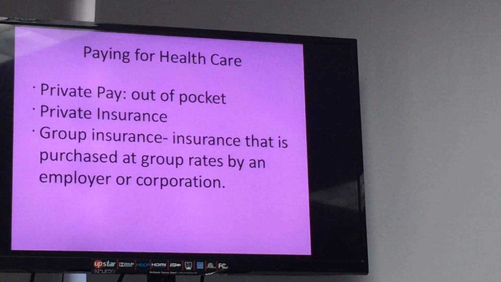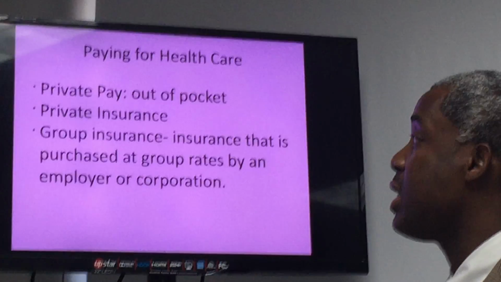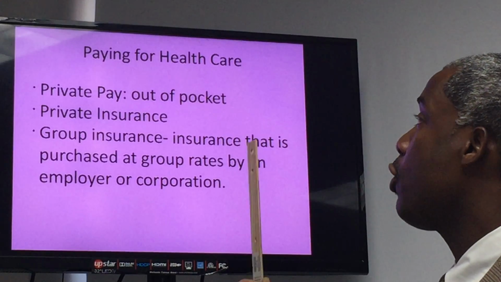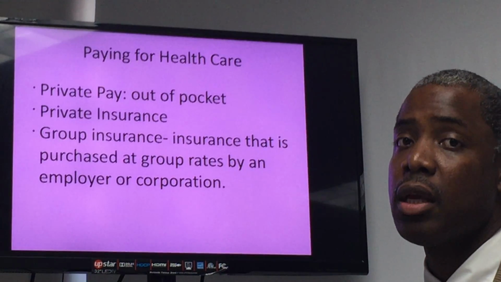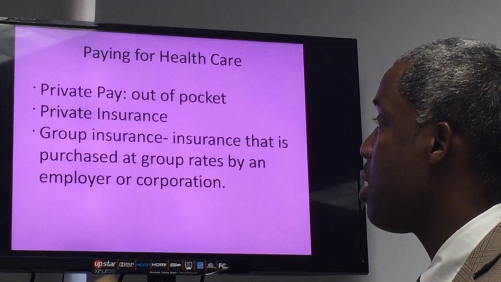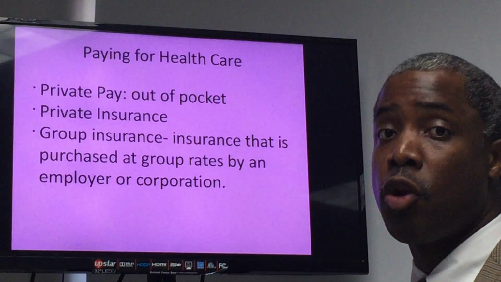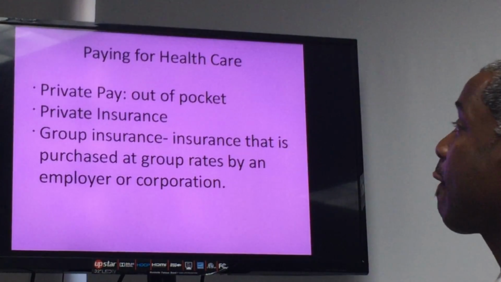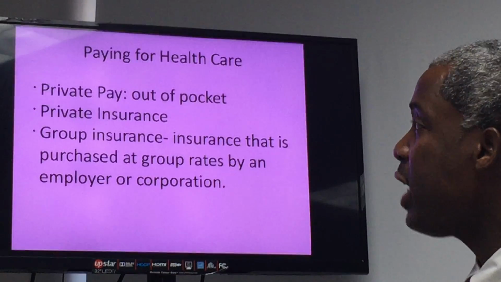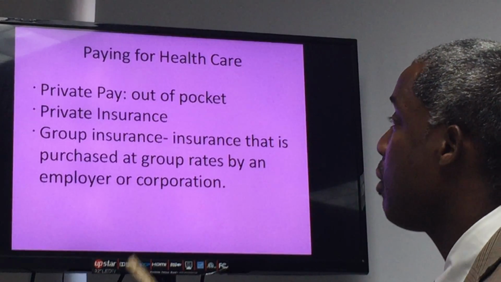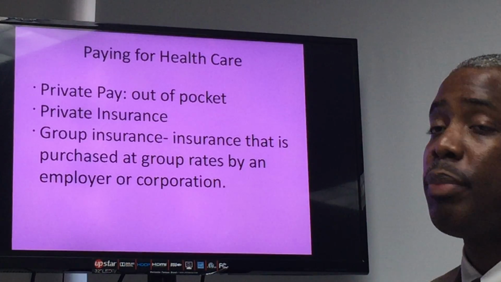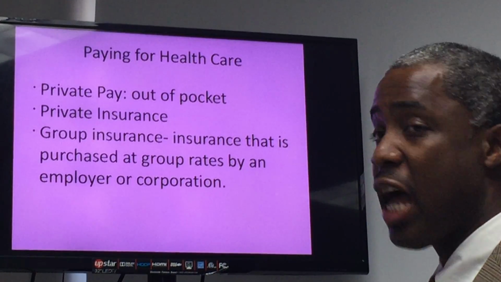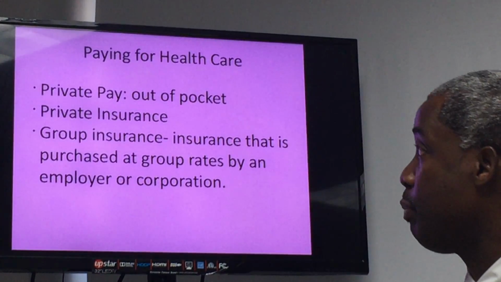Now again, healthcare organizations are running a business, so they have to get paid. How do they get paid? Well, the patient receives the service and the organization needs to get paid in order to stay in business. So the patient, client, or resident can do private pay out of pocket. Sign a check, pull out some cash and pay.